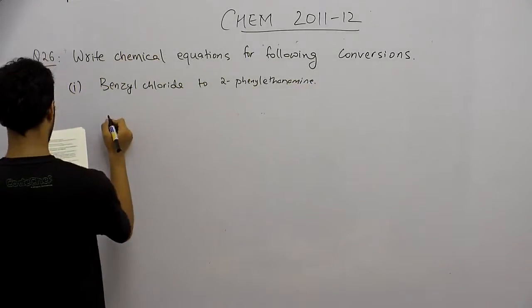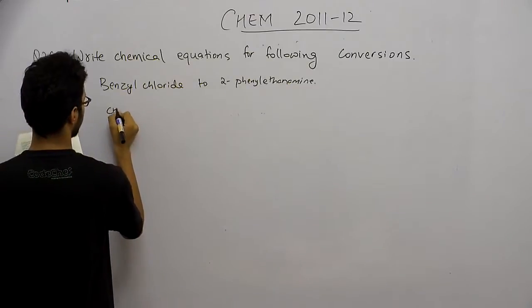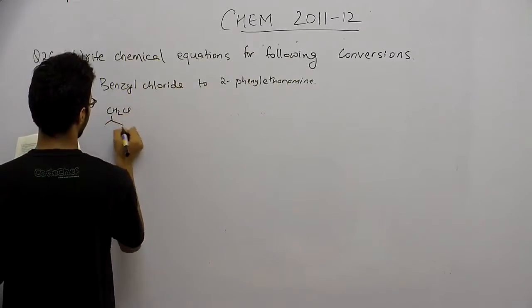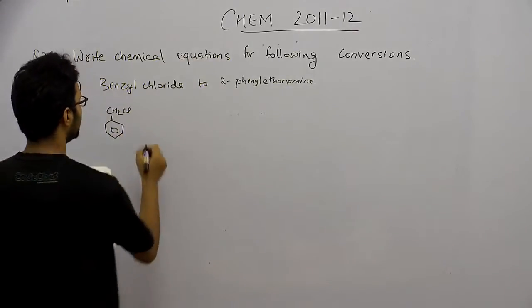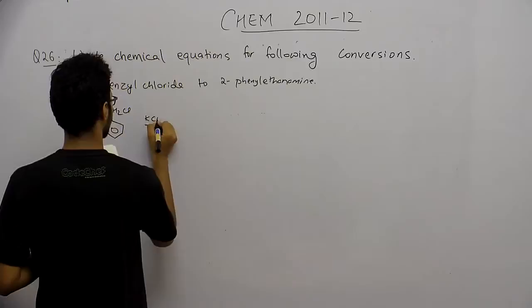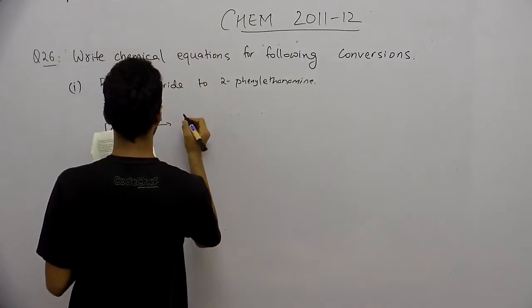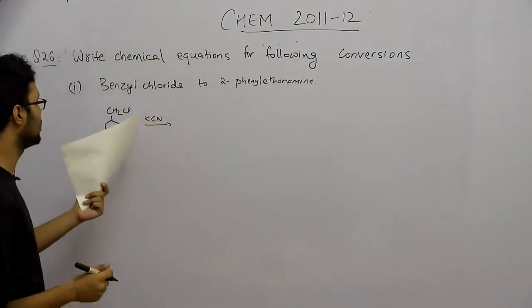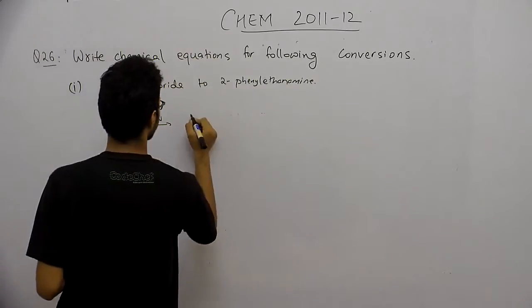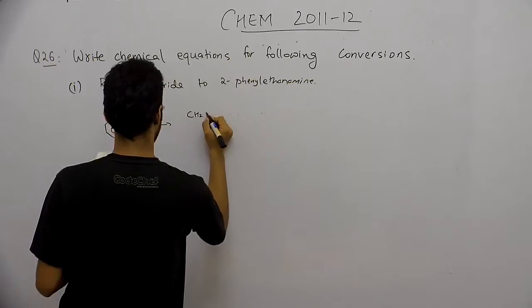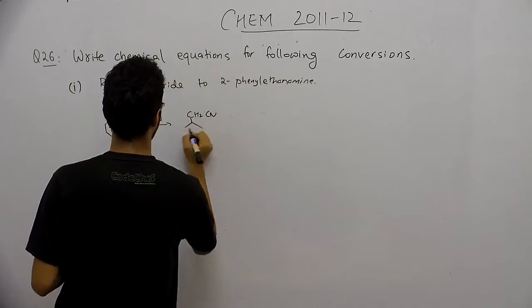So this is benzyl chloride. We will react it with KCN. So the CN negative group will replace the Cl negative group. We will get this.